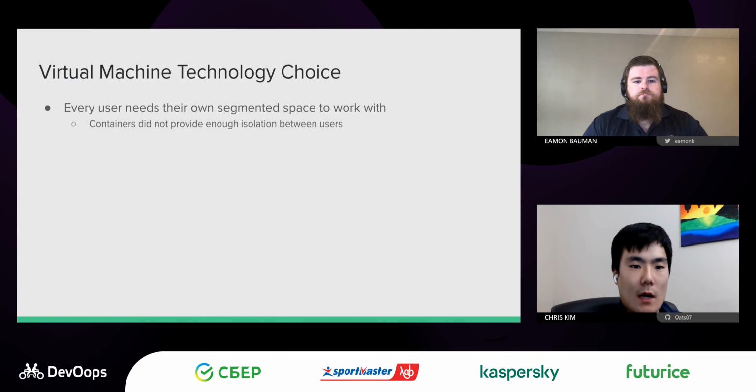Containers, unfortunately, do not provide enough isolation between users. What I mean by this is that when a user is using a container, they're not full systems. And sometimes the learning content we are trying to give requires things like systemd and so forth, which don't really exist within a container.